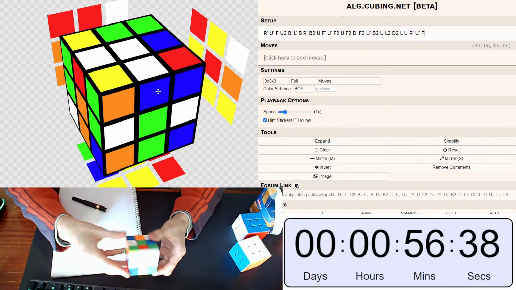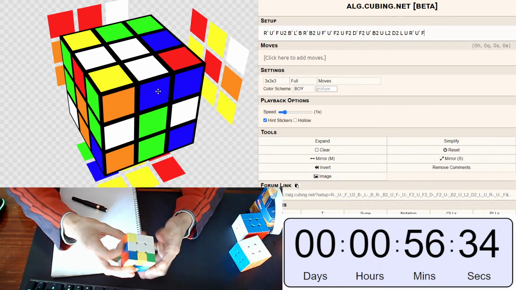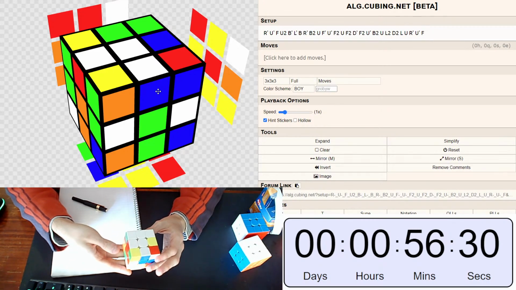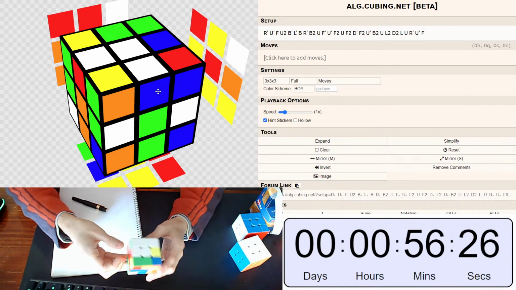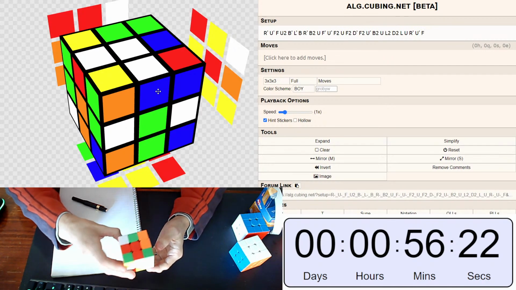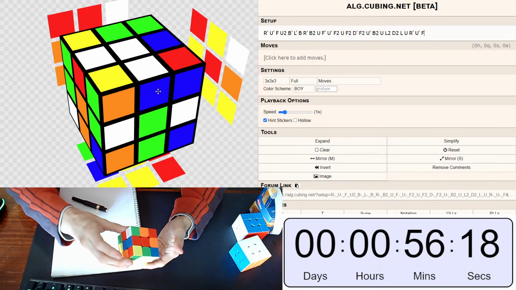So now I just kind of play around with it. U' L2. Solving these last couple is always difficult.